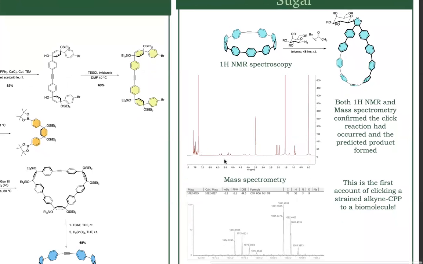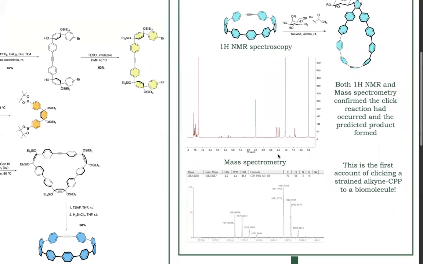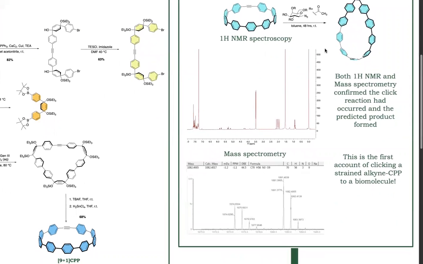What these peaks represent are the protons in the product. And after analyzing this peak pattern, the splitting, we were able to determine that this proton NMR matched exactly to the predicted product. So this was a very good piece of evidence that we had indeed made our product.